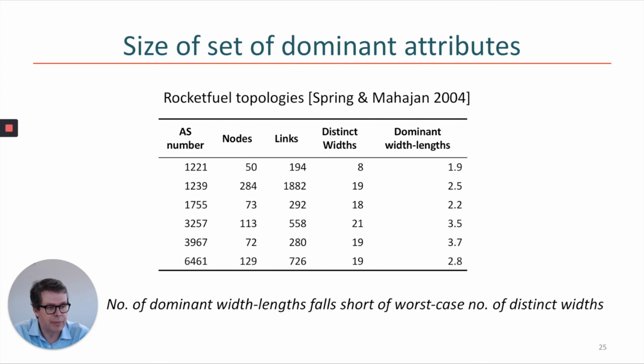The 5th column shows the computed average number of dominant width-lengths from source to destination in each of the networks. That number ranges from 1.9 to 3.7. And the main conclusion is that this number is rather small. It is much less than its worst case, which is the number of distinct widths in the network.